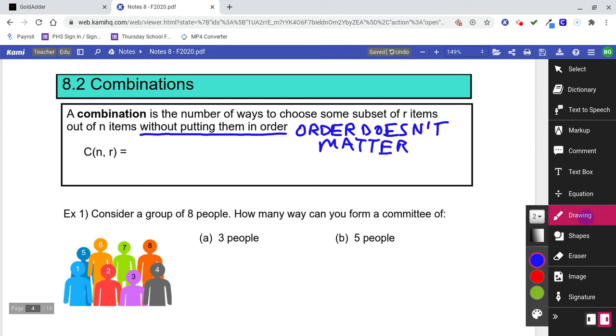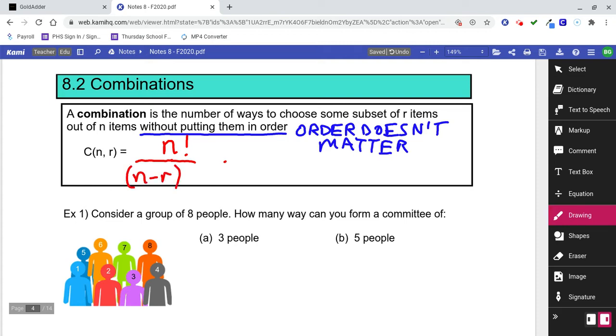It's a group from a larger group, and order doesn't matter. There's a formula for it, and it looks an awful lot like the permutation formula that we had before. N factorial over N minus R factorial R factorial.